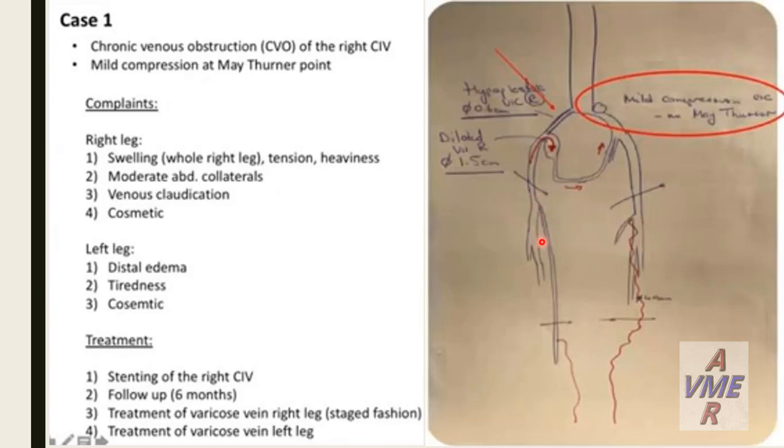And then treatment of the varicose veins at the right side in a staged fashion, and then treatment of the varicose veins at the left side. That means it's not necessary for every case of May-Turner to be treated, because we don't have a definite protocol on the meaning of May-Turner syndrome and when to treat it.